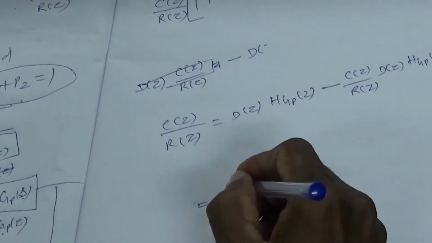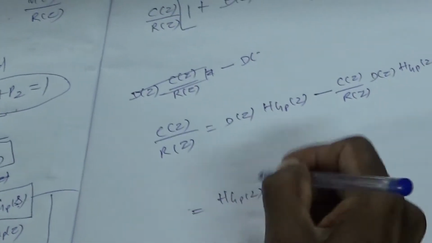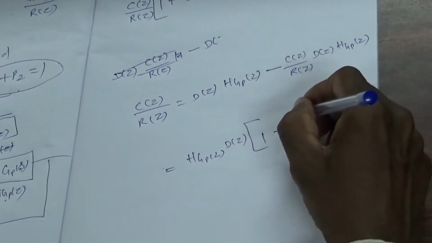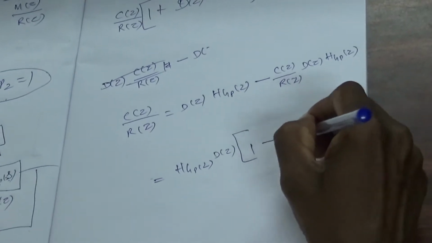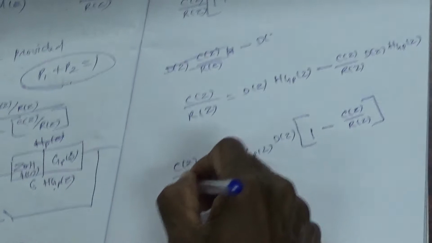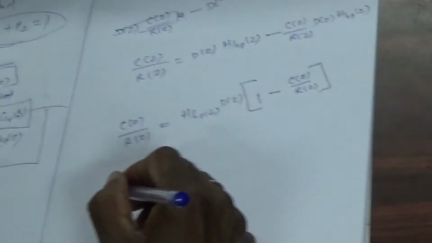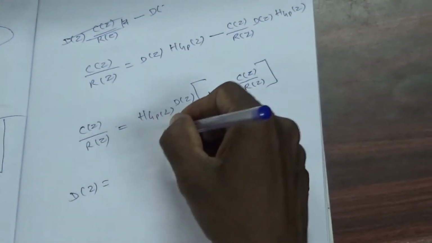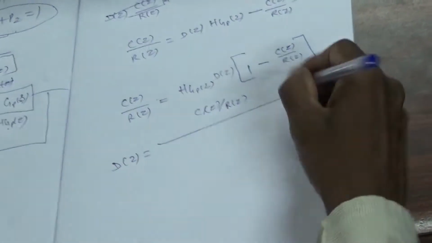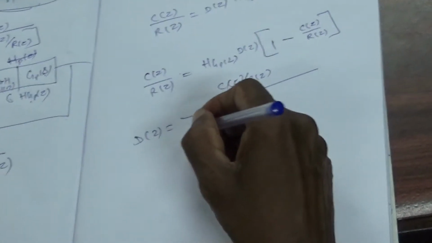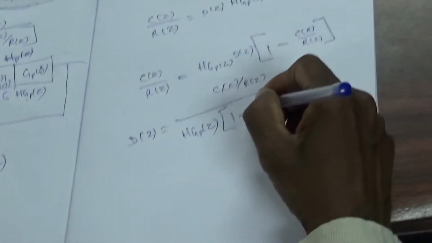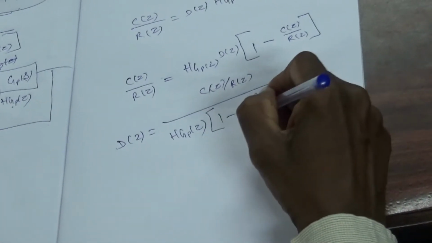So it can be written as HGP of z d of z times 1 minus C of z by r of z. Left hand side is C of z by r of z. Therefore, d of z can be written as C of z by r of z upon HGP of z times 1 minus C of z by r of z.